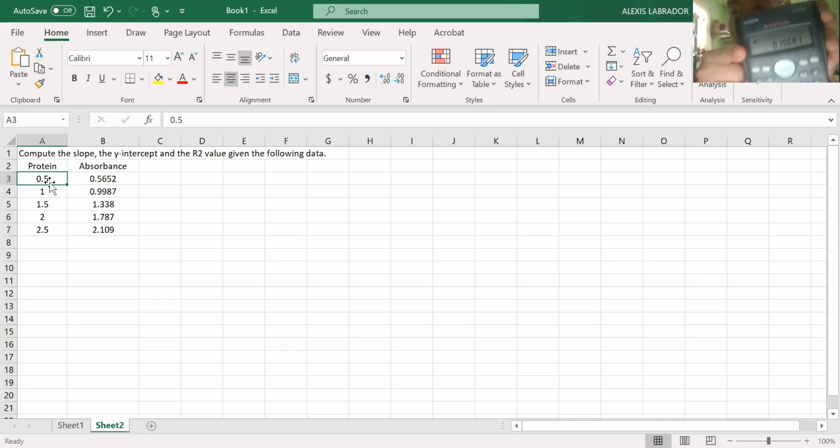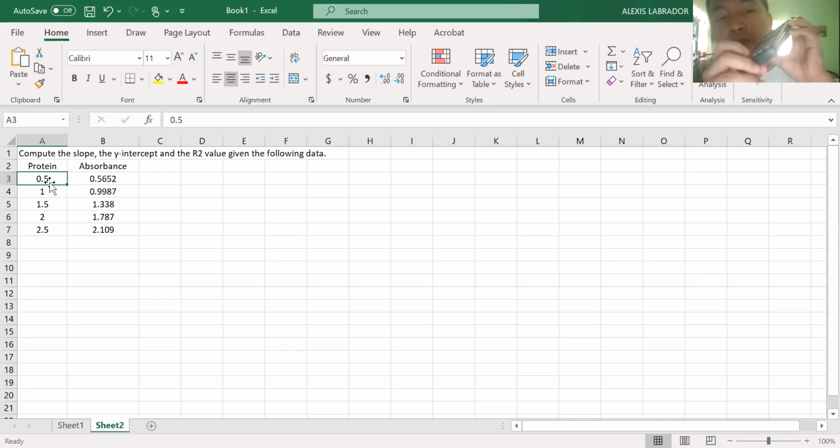And then, ulitin na to, shift, tapos press mo ulit yung number 2. Pupunta ka ulit sa third panel. Then press mo naman yung number 2 for the slope. So the slope is equivalent to 0.77518. Okay? Then go back to shift.